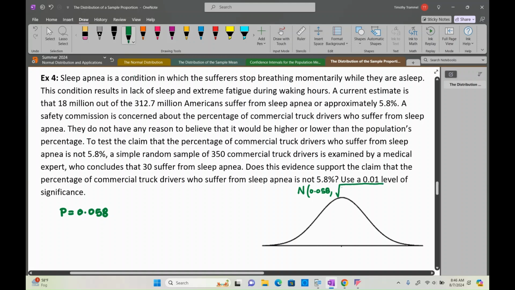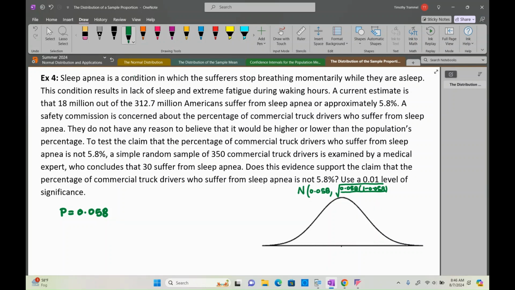Then I need to take that 0.058 and multiply it by 1 minus 0.058, and then divide by the sample size, which we haven't actually read that far, so maybe I'll leave it like that.